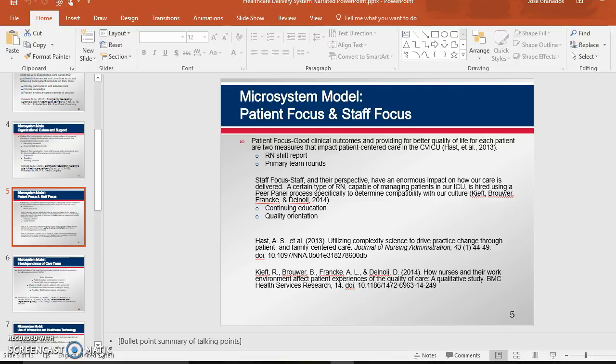Also, initially they have a very high quality of orientation, which consists of approximately 140 hours of direct patient care with day and night shifts along with an experienced primary preceptor.